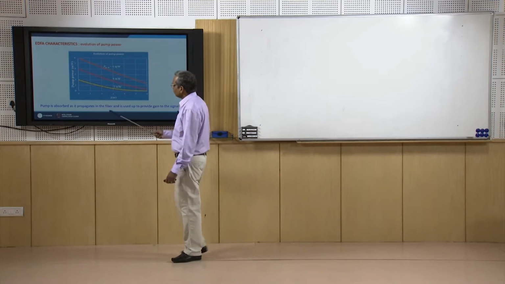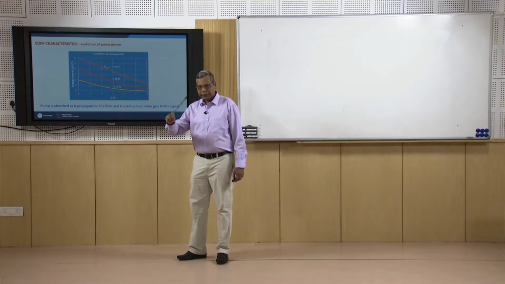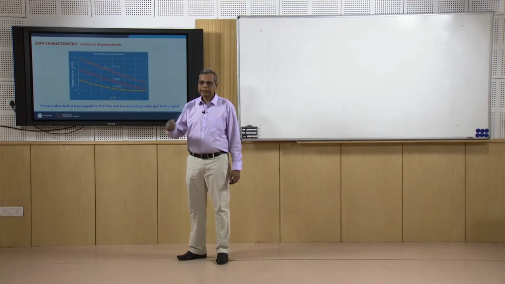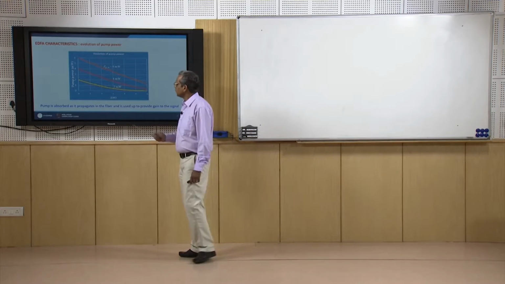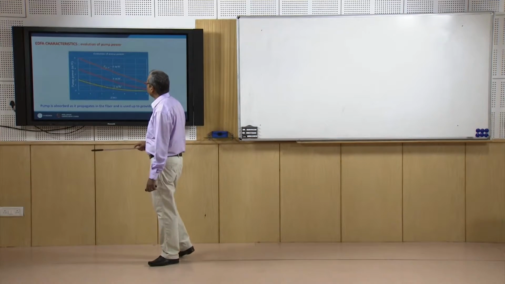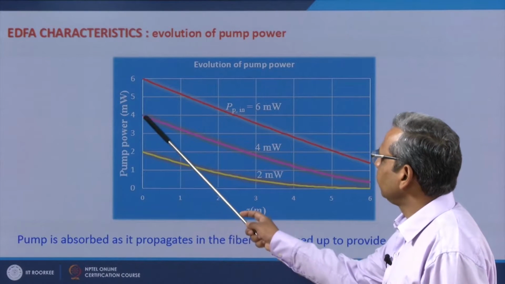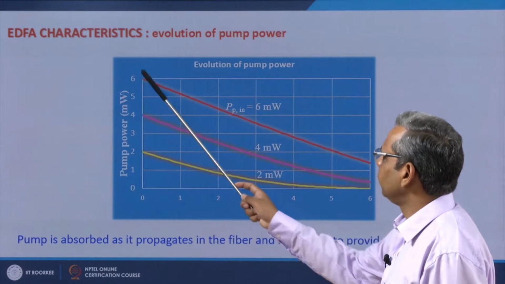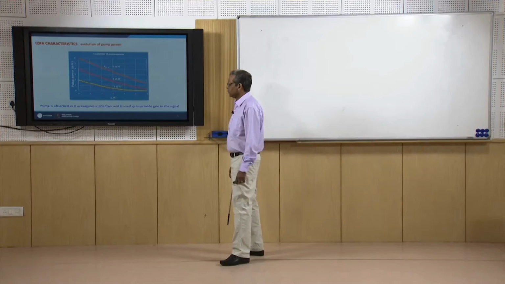So, as you go along the fiber, the pump intensity will decrease and the signal intensity will increase. These are the curves at different pump powers. So, this is at input pump power 2 milliwatt, 4 milliwatt and 6 milliwatt, and that is how their intensity would vary with z.